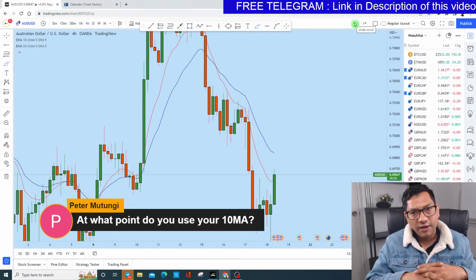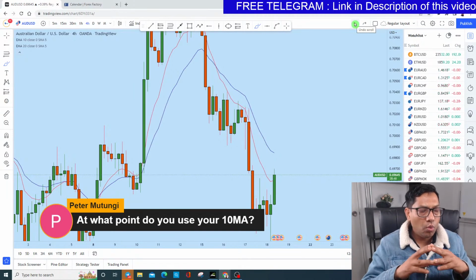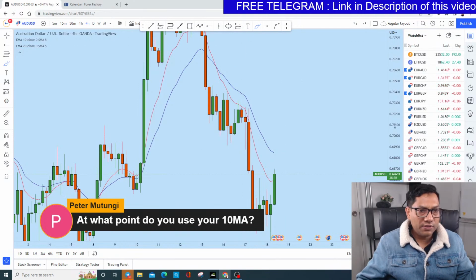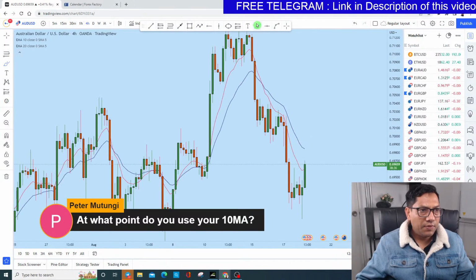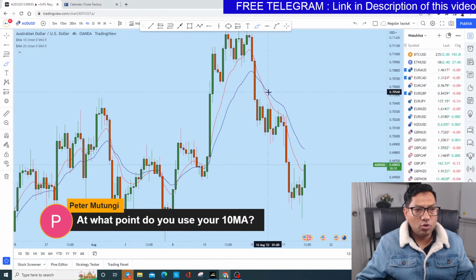Keep in mind that the only way you can determine trend is by market structure, not by indicator. But when you see this crossover, many people believe that when the blue is up and red is below, that means the 20 period is up, the 10 period is below, it is a downtrend.